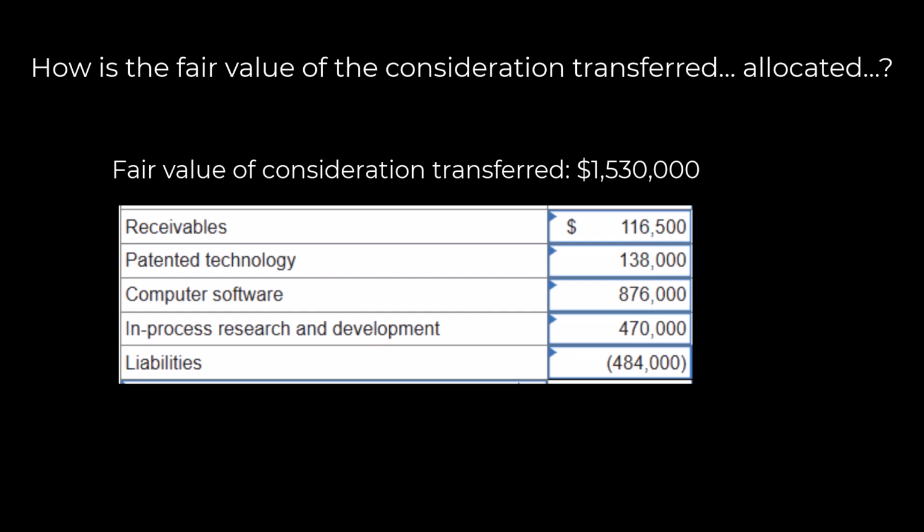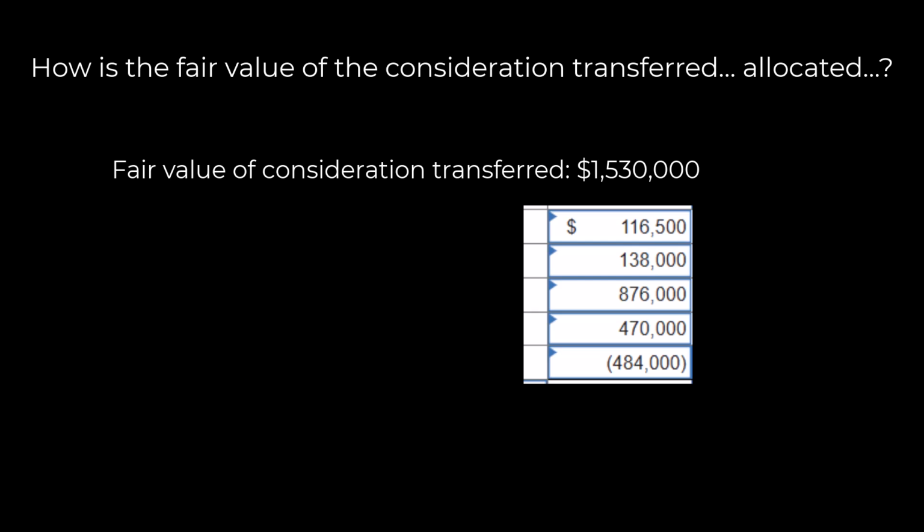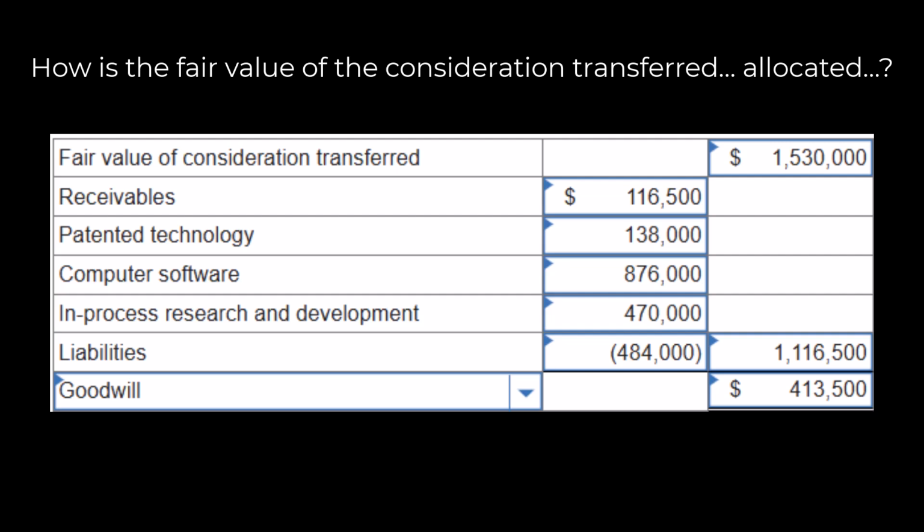Of course, we also have to account for the liabilities Patriot assumed. Notice that the liability of $484,000 is shown as a negative, as it reduces the overall value of the net assets we acquired. When we sum all of those individual components up, the total fair value of Sandstone's identifiable net assets comes to $1,116,500. This represents the fair value of what Patriot got.